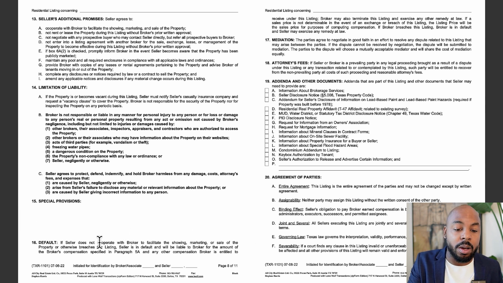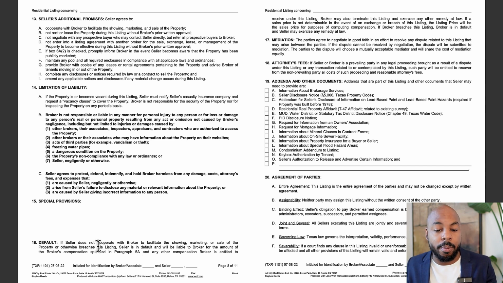And let's talk about the default part. So if the seller does not cooperate with the broker to facilitate showing, marketing, or sale of the property, or otherwise breaches the listing, then seller is in default and will be liable to broker for the amount of the broker's compensation.